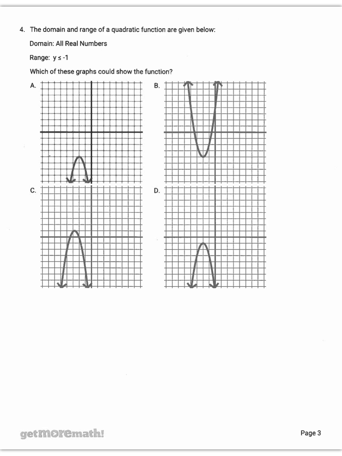Easy peasy. Number 4. This time they give you the domain and range. So which one has a range that is y is what to -1? What does that say? Less than or equal to. Very good. -1. So which one would that be?